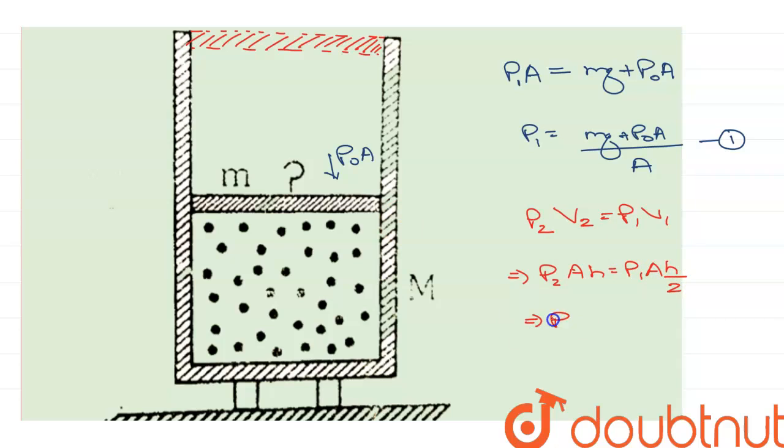Which means P2 is equal to P1 by 2, which means P2 is equal to (mg plus P naught A) by 2A. Equation number 2.